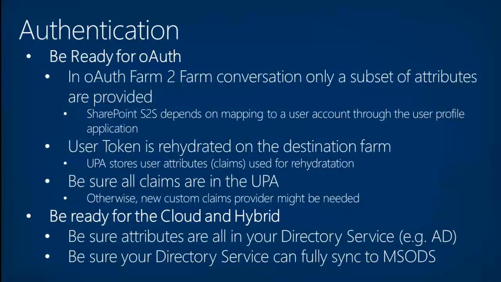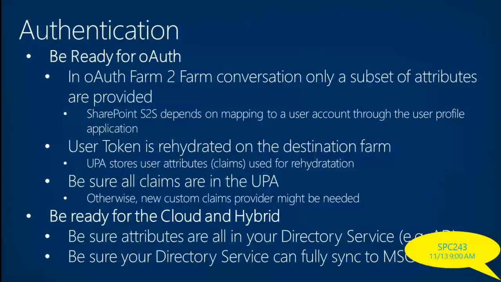Still around authentication, and these are two very brief but important points I want to touch on in terms of topology and configuration. Be ready for OAuth. OAuth is these new functionalities, and in the session I mentioned before, Steve and Tom will go deeper on that kind of topic, but it's the new functionality from where you can have a server-to-server conversation and move a user identity or token from one farm to another.